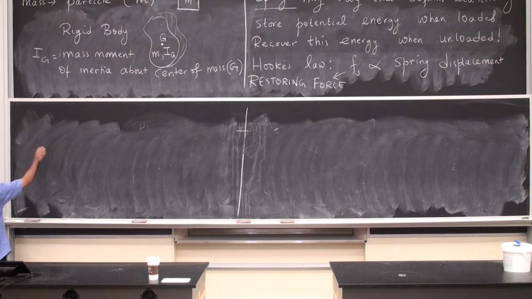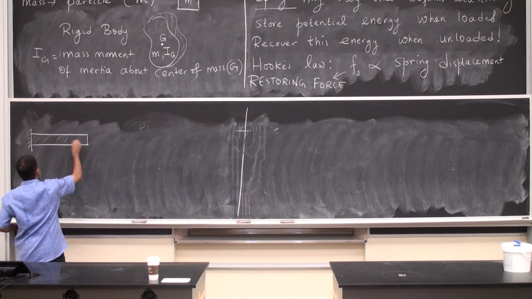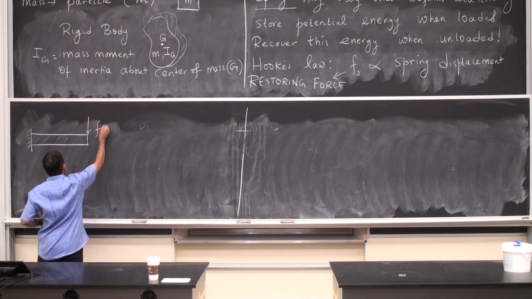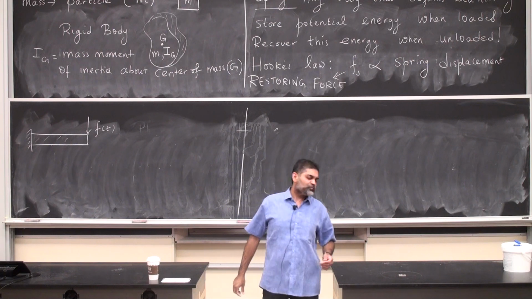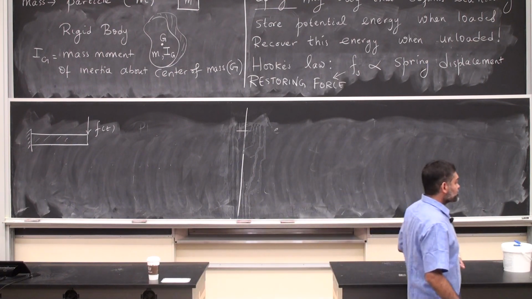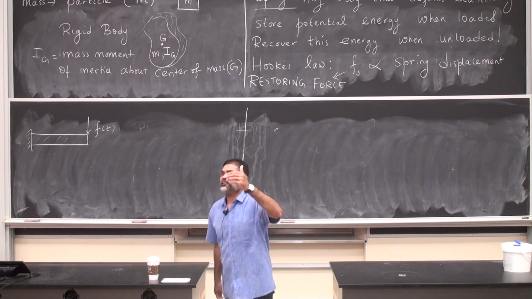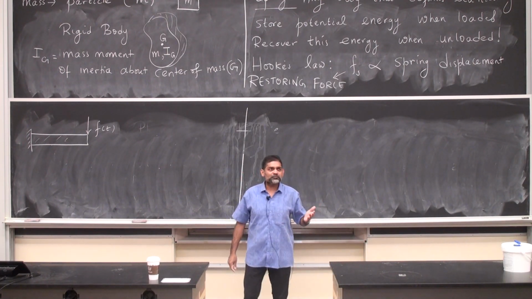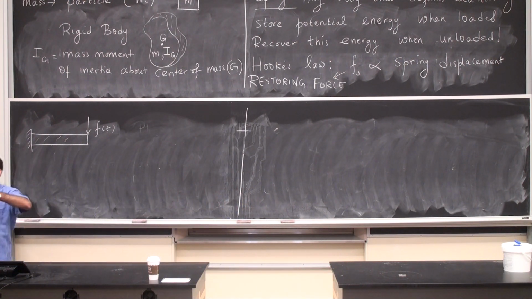Okay? So, cantilever. Force applied is a function of time. This is a complicated beast. This is because its behavior or its deflection, which is the characteristic behavior of this beam, is spatially distributed. That is, the deflection at the end of the beam is not the same as that at a point in the middle of the beam.